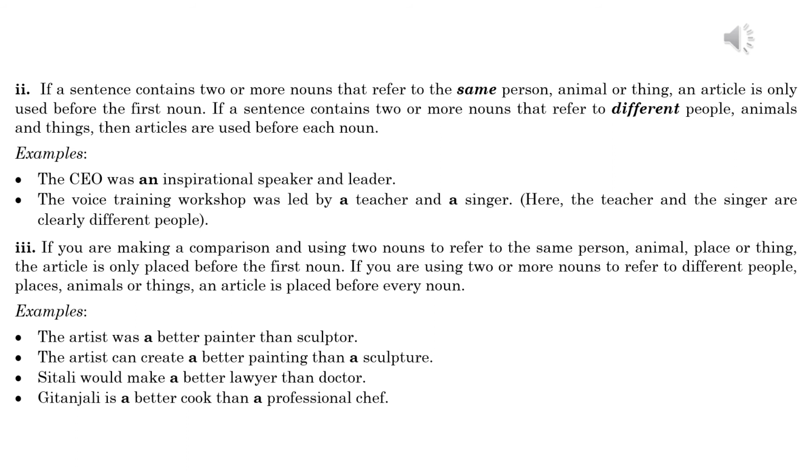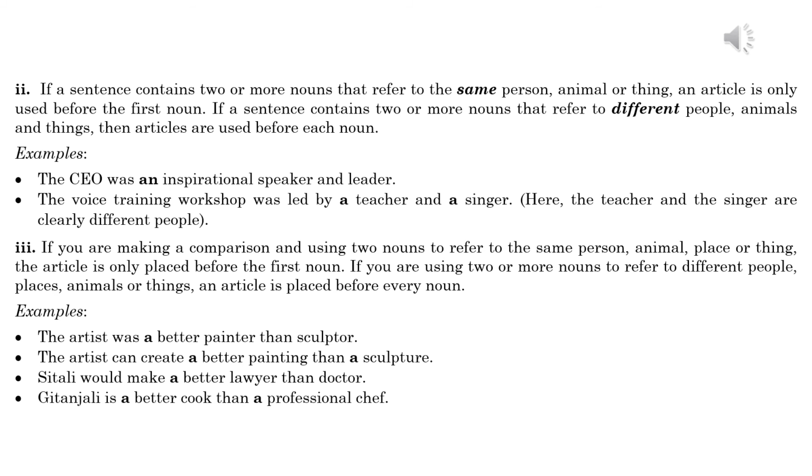Examples: The CEO was an inspirational speaker and leader. The voice training workshop was led by a teacher and a singer. Here, the teacher and the singer are clearly different people.